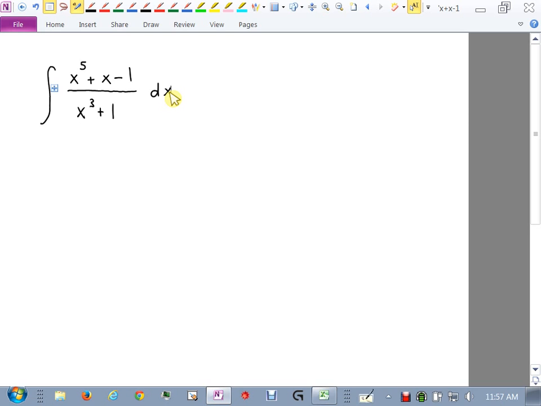I enjoy things like this. I haven't worked this problem out on my own, so we'll see what happens, right? What do you see? Long division, good. So we'll start with long division.